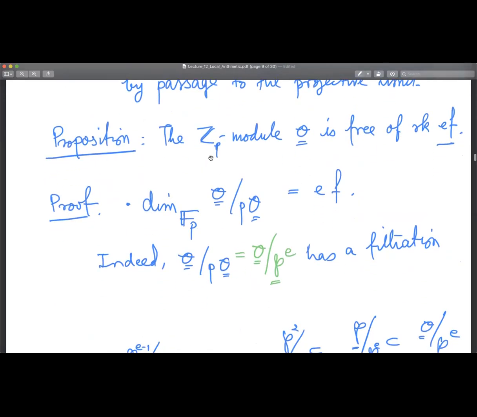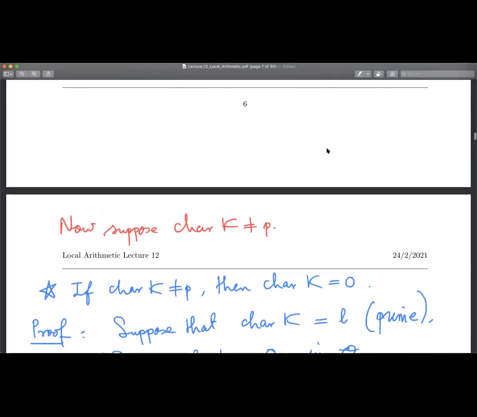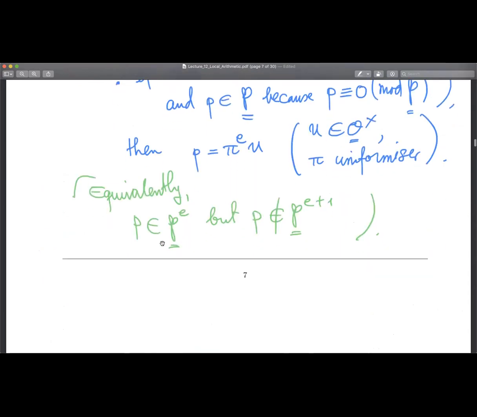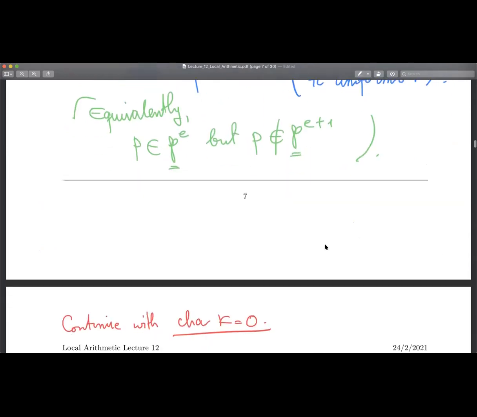Now, the next claim is that as a Z_p module, this O is actually free of rank e times f. I've defined this e as the absolute ramification index of the p-adic field K, which meant that, here in green is the definition of e, the number p belongs to the eth power of the maximal ideal, but not to the next one, which is smaller, of course.